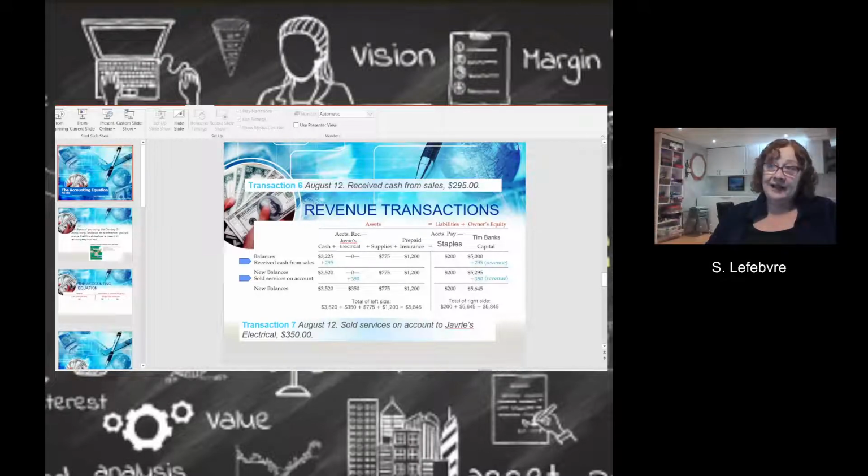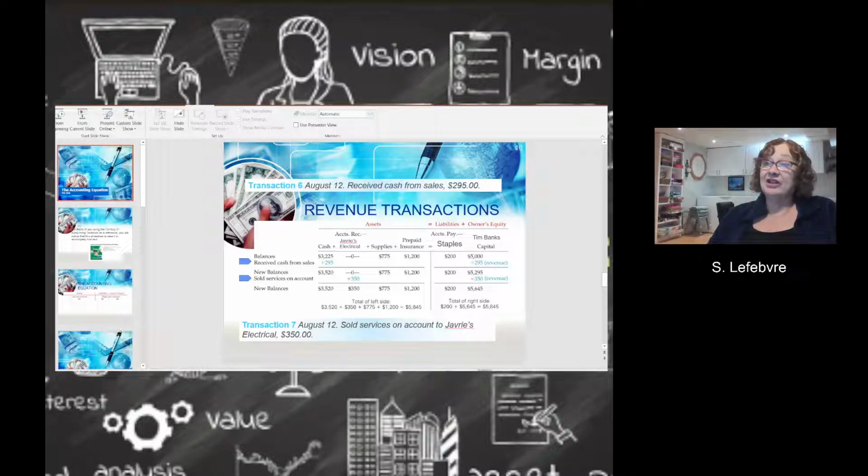It doesn't affect these other assets. It affects our capital account. So we're going to increase our capital account. So anytime you see received cash from sales, sales is revenue, and revenue increases our capital account. Okay, so that was that transaction.